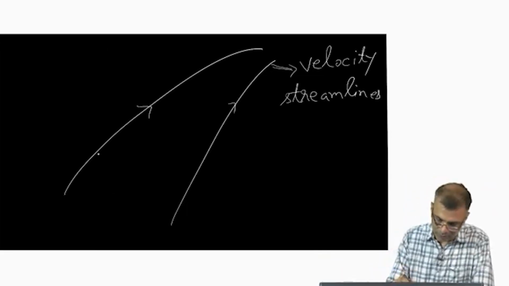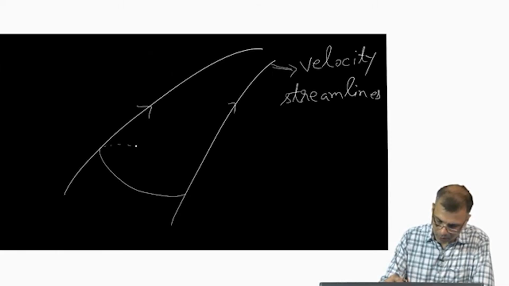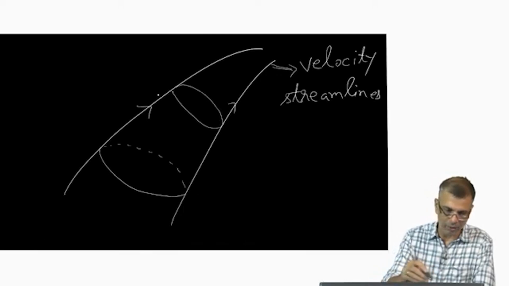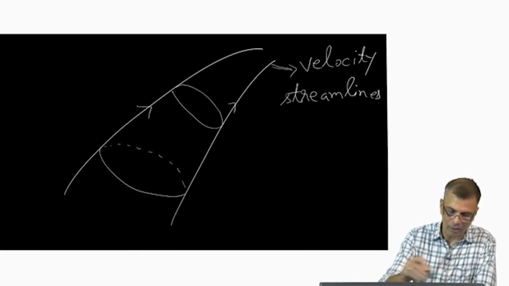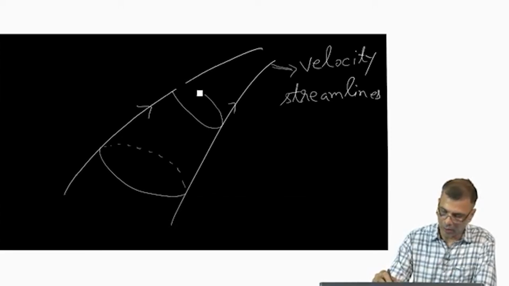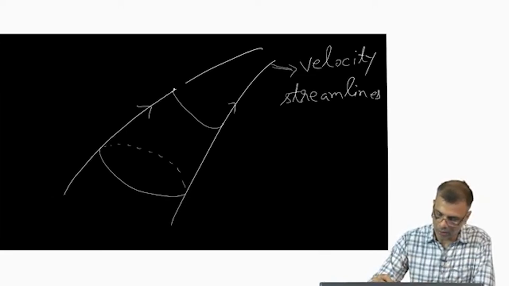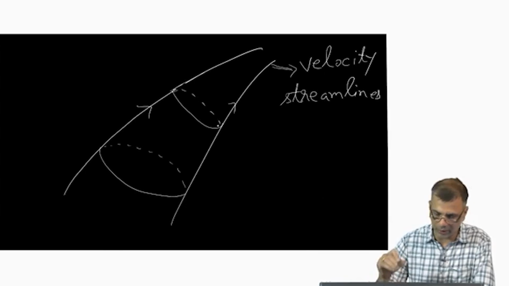Now let us consider a cross sectional loop like this, and like that. I really should be dotting it here. If I dotted it there, then I should dot it here as well, so let me do that. I erase this. Like that. That's what I meant.